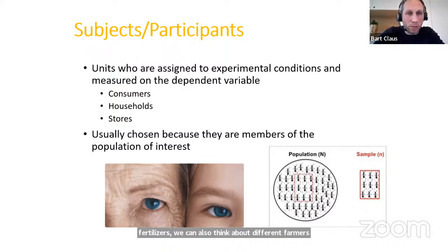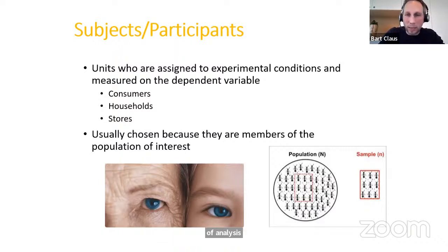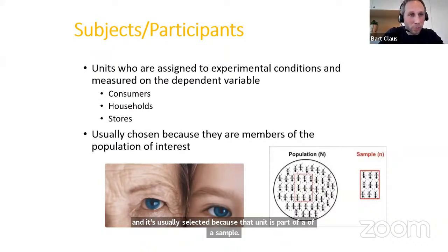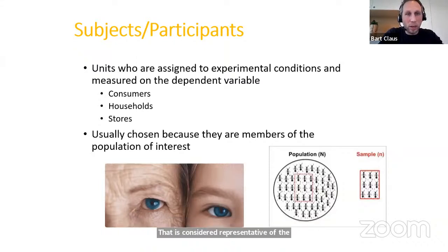Basically, the unit of observation is the unit of analysis as well, the unit that is included in that experiment, and is usually selected because that unit is part of a sample that is considered representative of the population that we study, right?